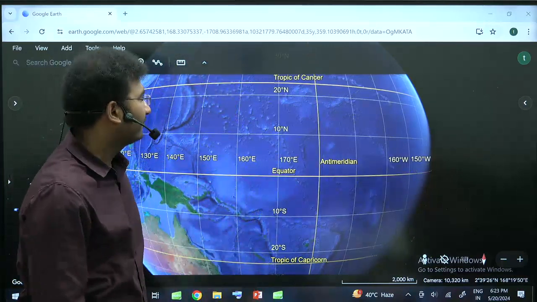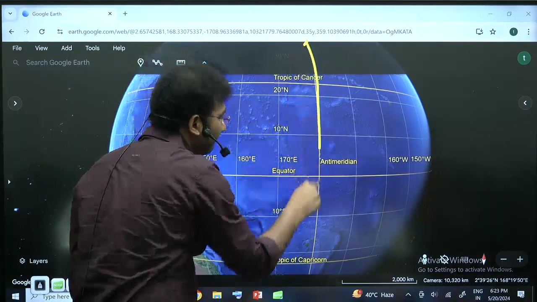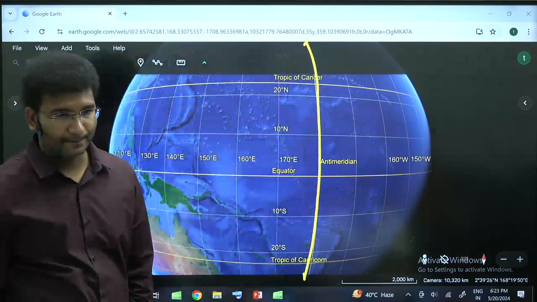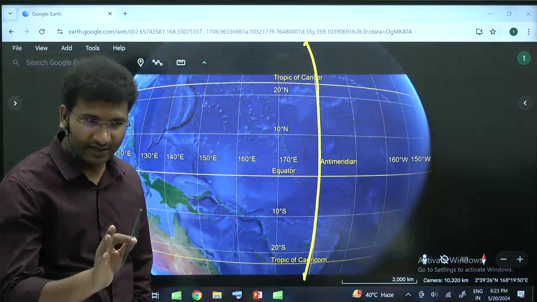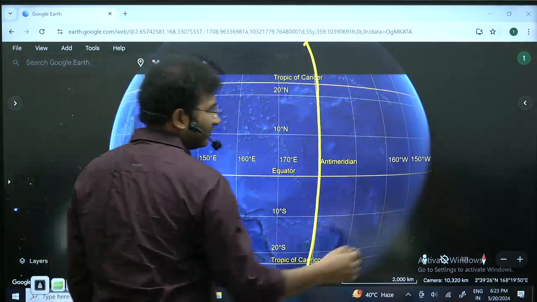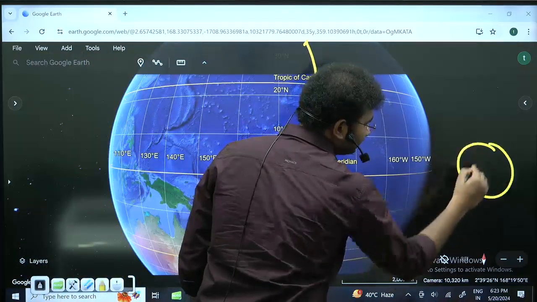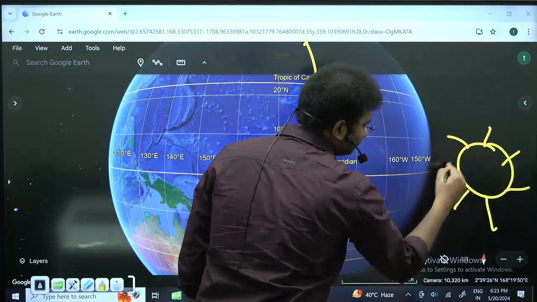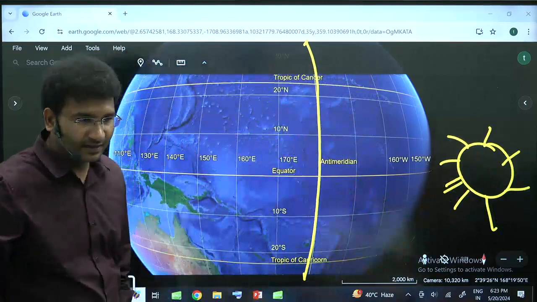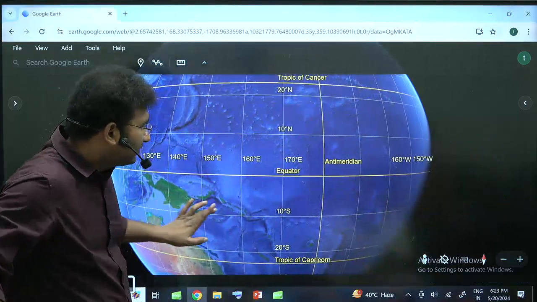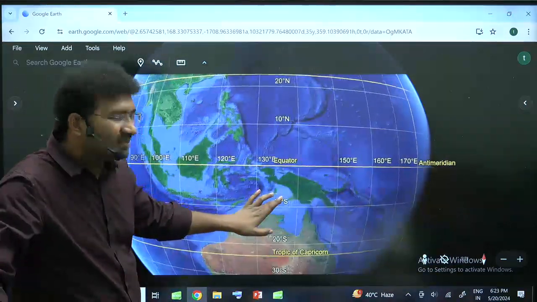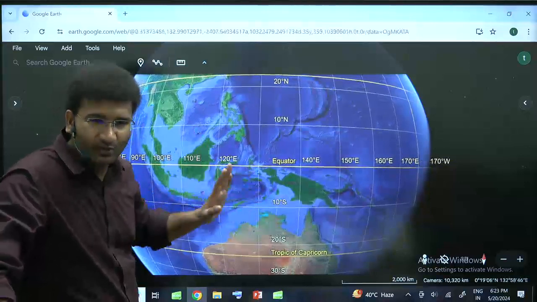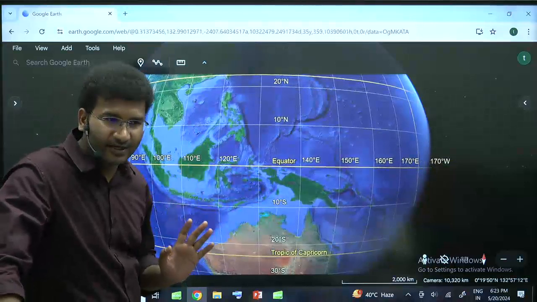Now see here, this is the anti-meridian or international date line. Imagine you have the sun here, right? And this earth will start to see the sunlight, will start to measure. Look, somewhere we must measure the date.